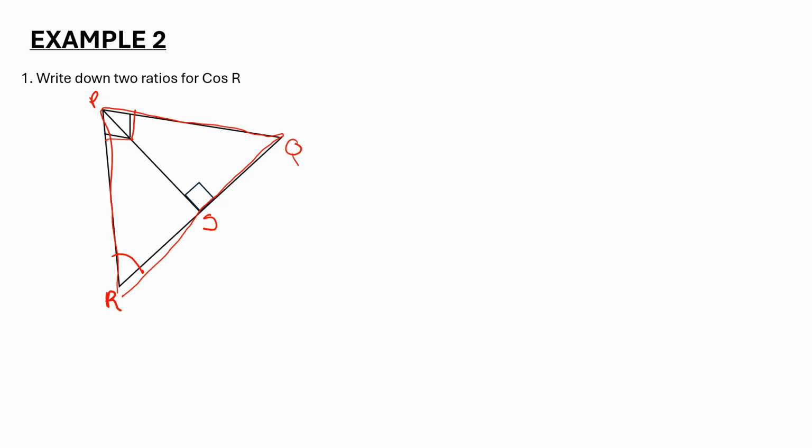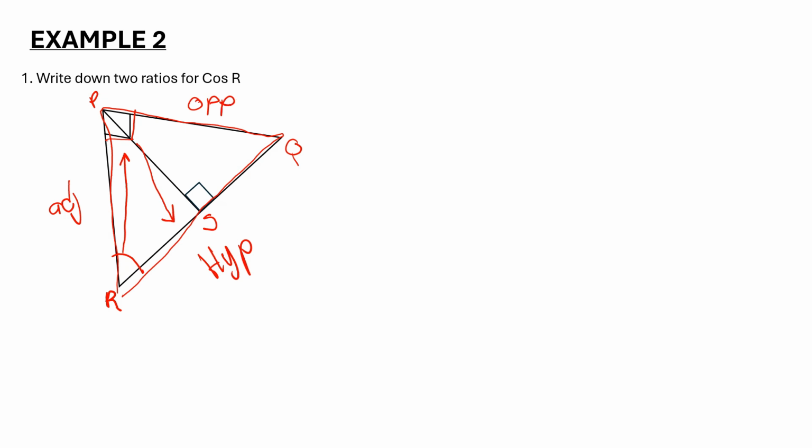So from our angle R straight to the 90 degrees, that means we have our adjacent. Don't forget that, it's very important. And the 90 degrees is always facing the hypotenuse, so this is the hypotenuse. And the remaining side, we said, will be our opposite.